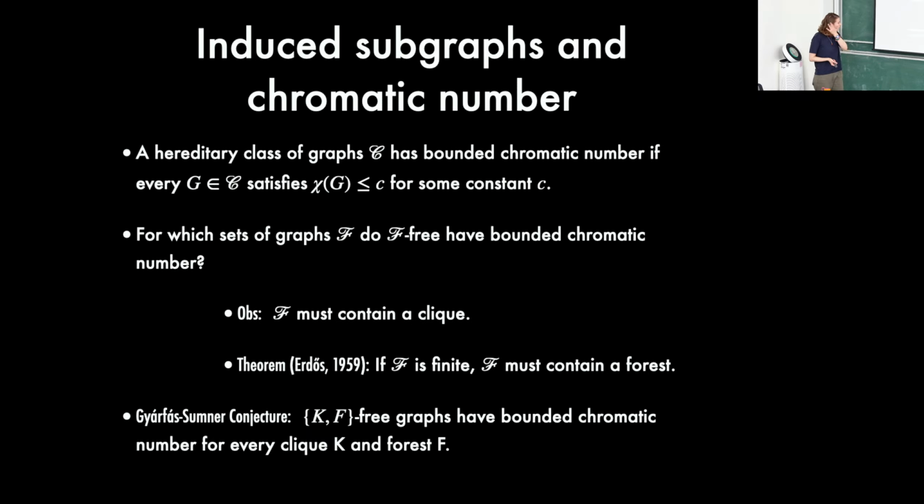We know they have to contain these two, and all minimal finite sets that bound chromatic number will have this form, so it's just asking if there's this full characterization.